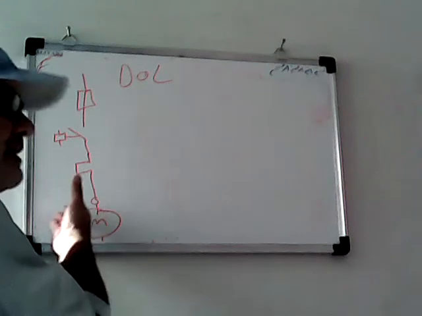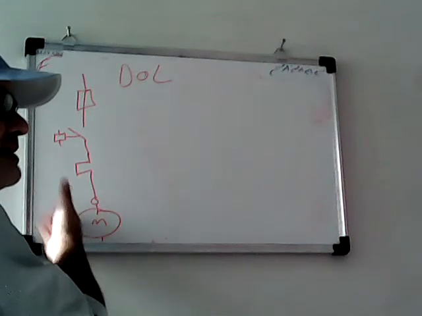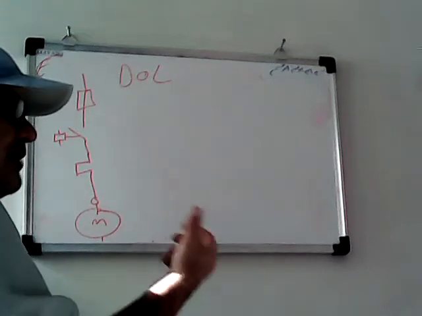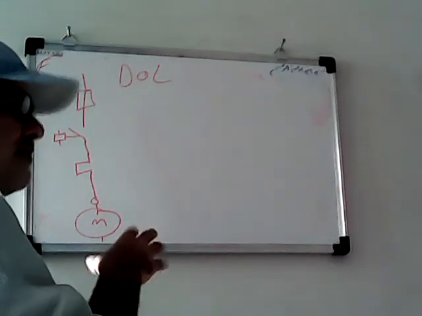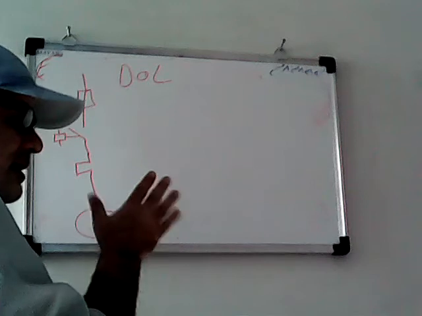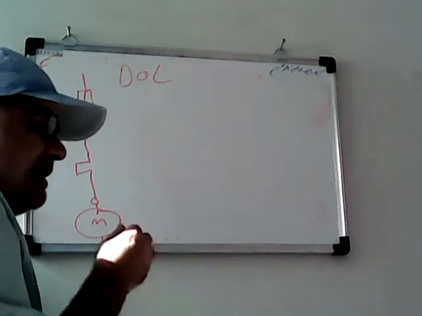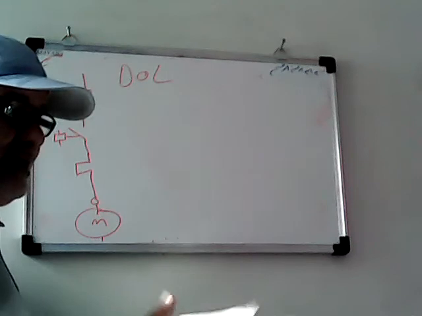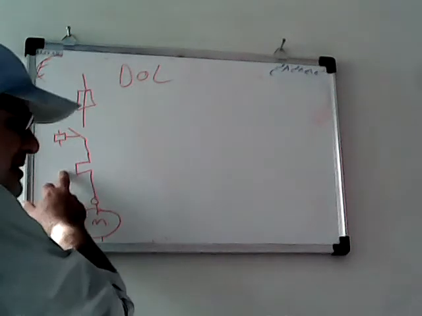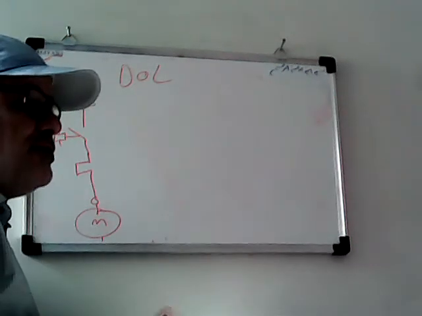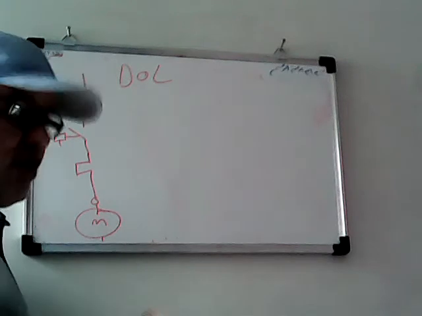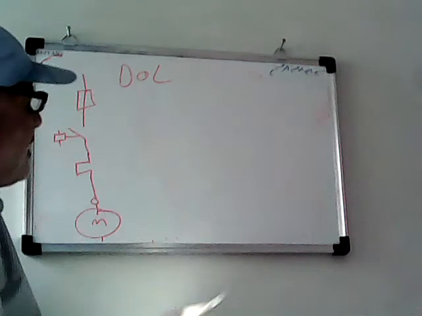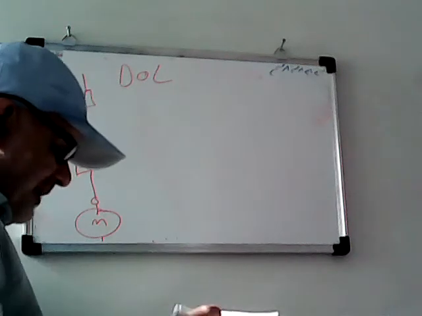We use this kind of running and starting in many places where we don't have enough space, and also where we want the most torque in the first initial start. Okay.